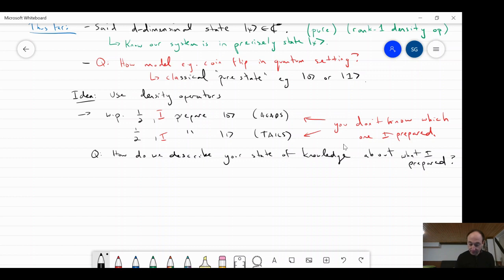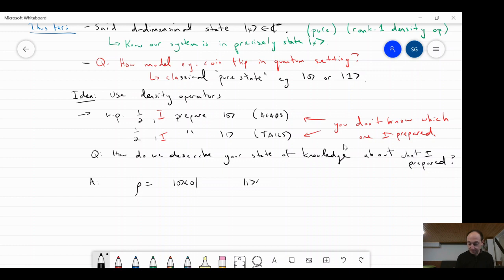So the answer is that for density operators, we tend to use this rho notation. The way you write this down is you take the two states you could have prepared and write them in this ket-bra form. You make a matrix out of it.